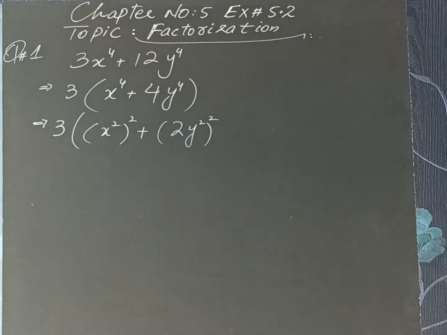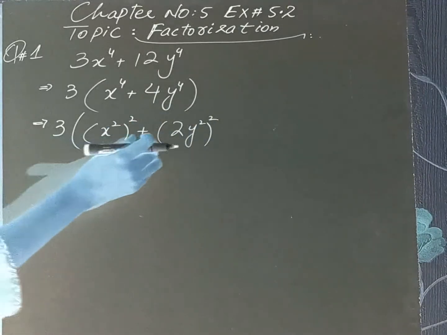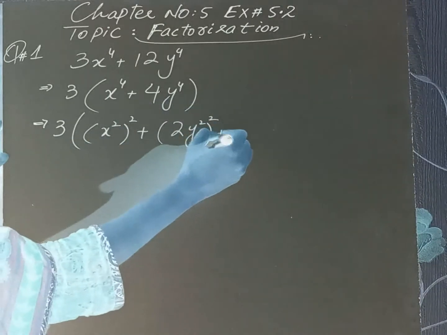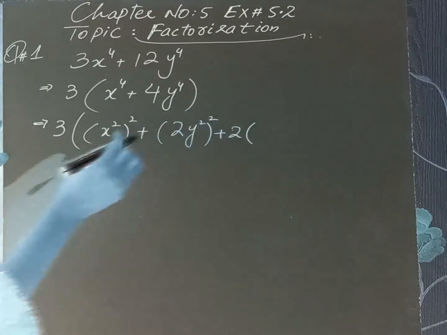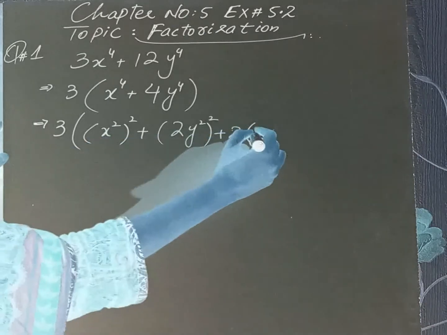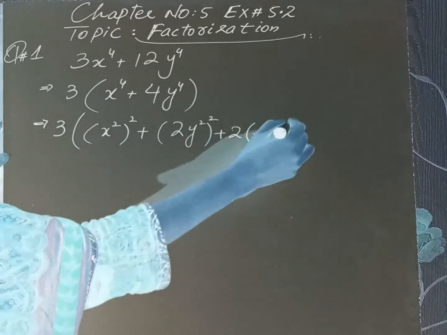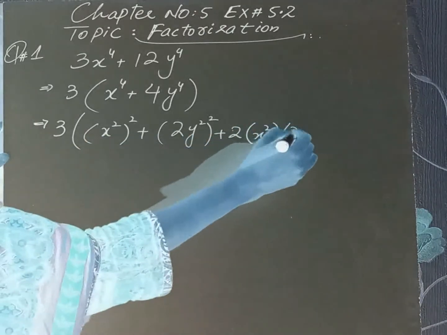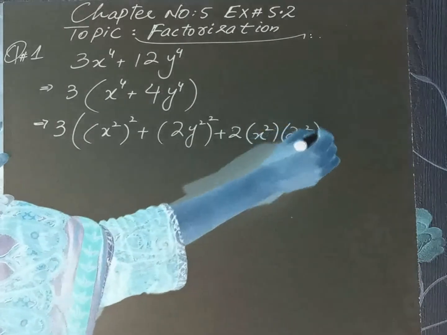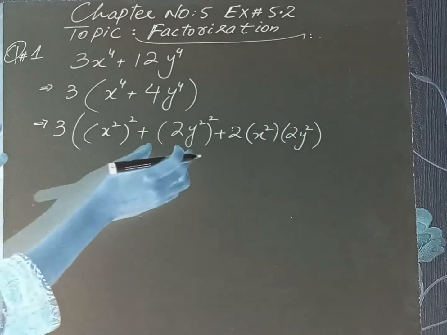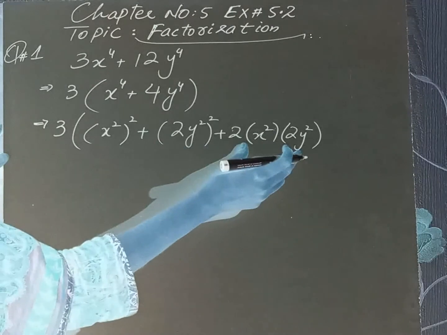For completing the square, we need a square plus b square plus 2ab, where a is this x square and b is this 2y squares.